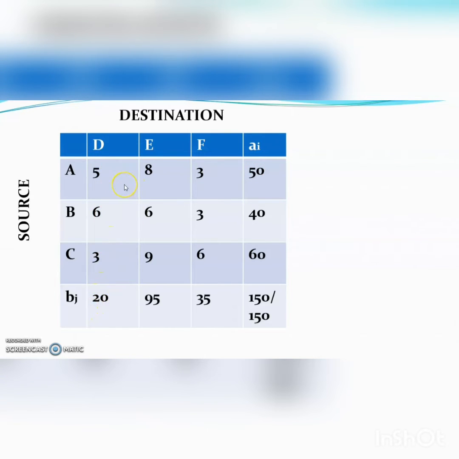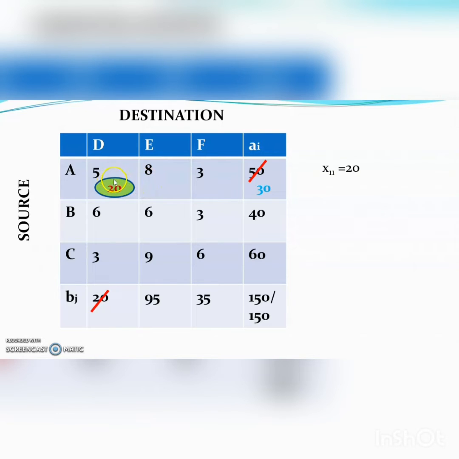So in this cell, we can allocate 20 units. So the value of the decision variable x11 is equal to 20. Now the requirement of destination D is fulfilled, so we cross it over, and the availability at origin A is reduced by 30.